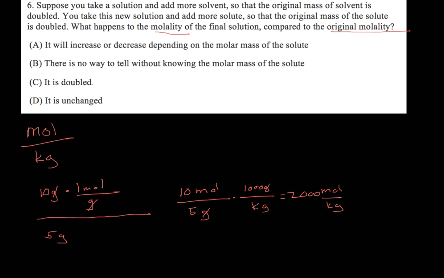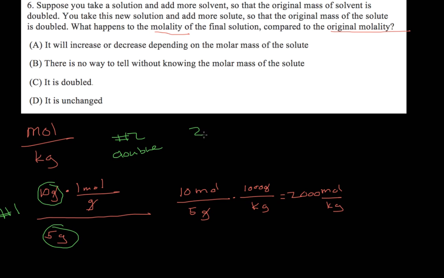Okay, so let me switch my color here, and we can do one where we double the grams of solute and solvent. So let me write that this is number 1. Number 2, we're going to double.